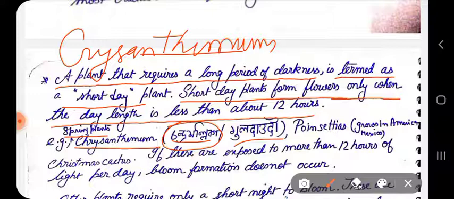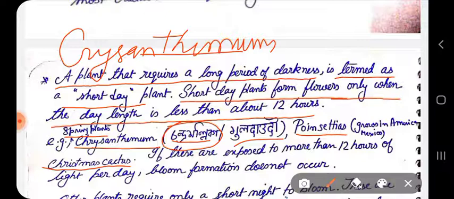I think I have correctly pronounced this term, Guldaudi. So chrysanthemum is such a type of short day plant. Then poinsettias, which are flowering plants that grow in America, in Mexico. Then Christmas cactus. These are some examples of short day plants.